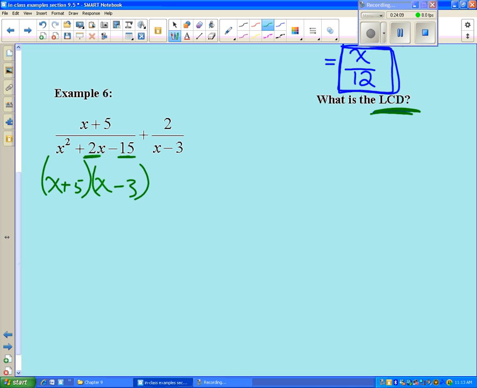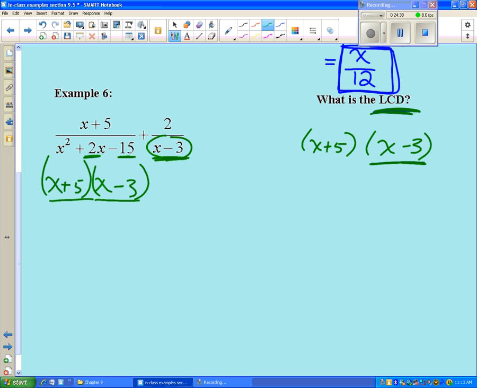What about over here on the right, x minus 3? Well, that's already factored, x minus 3. So for my first fraction, I need an x plus 5 and I need an x minus 3. For my second fraction, I need an x minus 3. In my least common denominator, I already have an x minus 3.